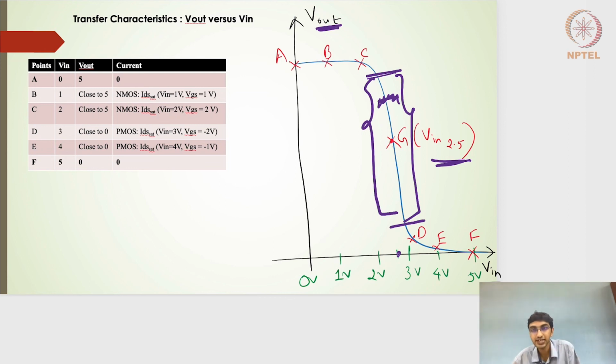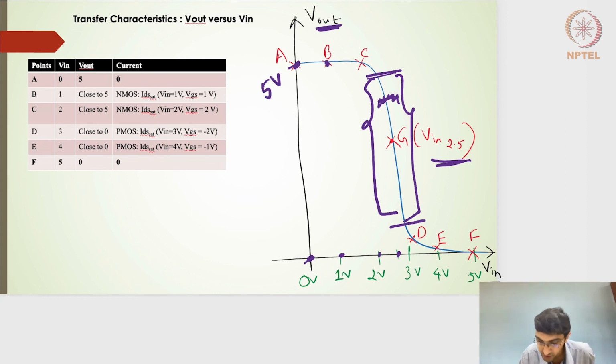We can always draw the transfer characteristics for a 2-input NAND gate or an OR gate or any number of inputs of the universal gates or any other combinational circuits. But this particular transfer characteristic states that if I apply an input of 0 for an inverter, I'll get the output at A here. If I apply an input of 1 volt, I'll still get the output close to 5 volts.